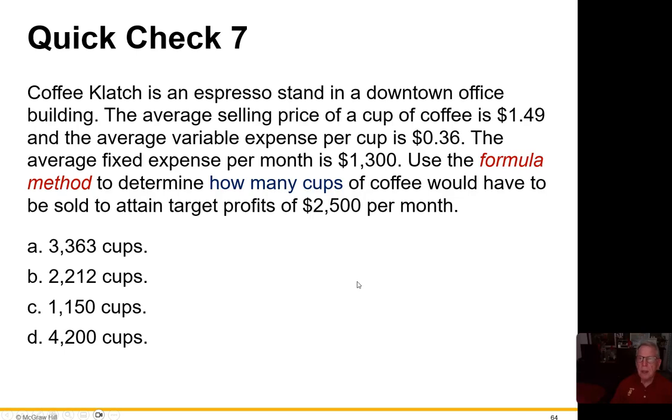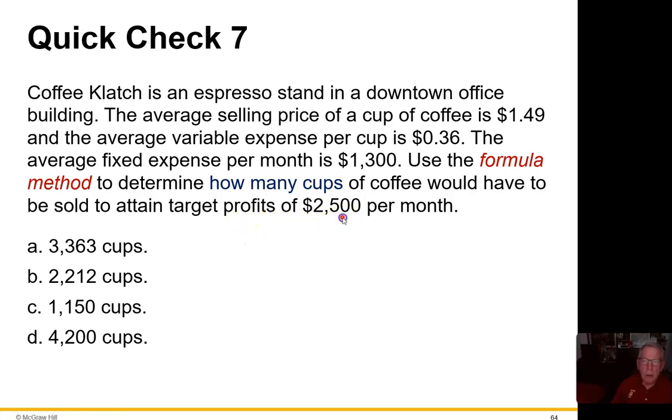Okay. Now, here they have an espresso stand, same information. Use the formula method to determine how many cups of coffee you would need to sell to attain a target profit of $2,500. So essentially, we're looking for how many cups, so we're looking for units.